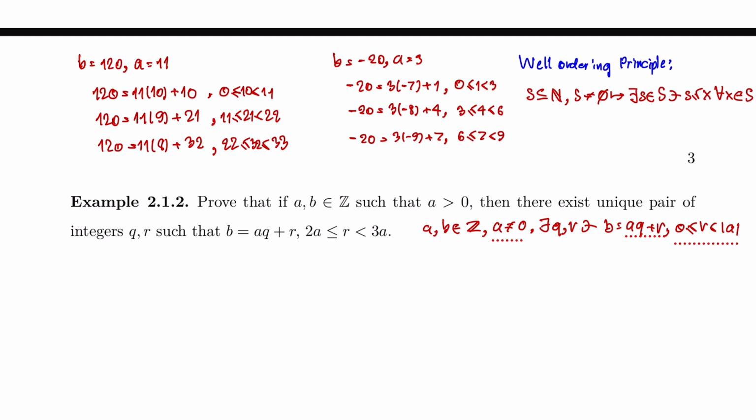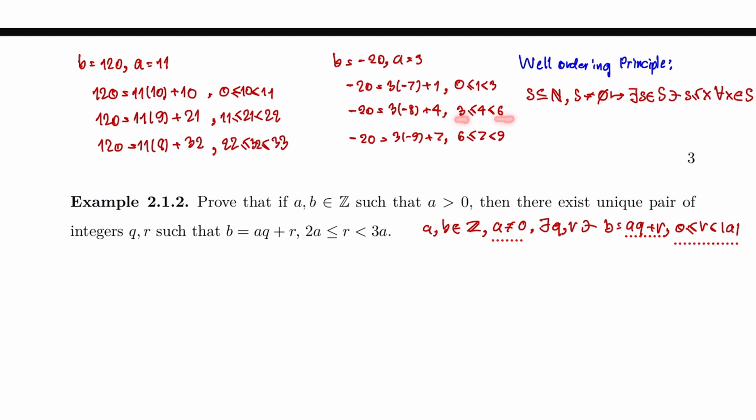3 is the divisor. Now, if we have minus 20 equals 3 times minus 8, which is minus 24, to have minus 20 you need to add 4. This kind of remainder is greater than 1 times the divisor and less than 2 times the divisor.